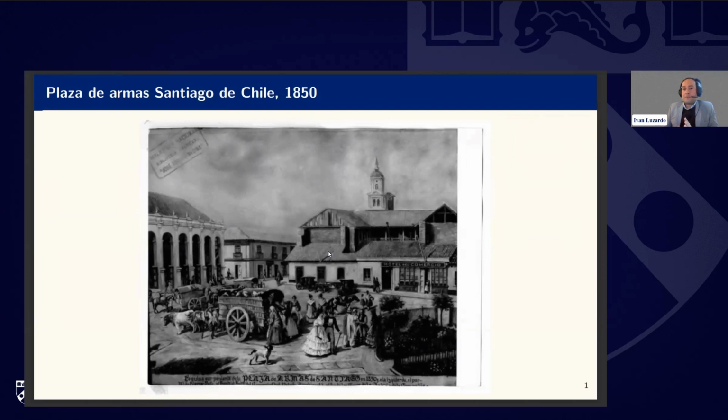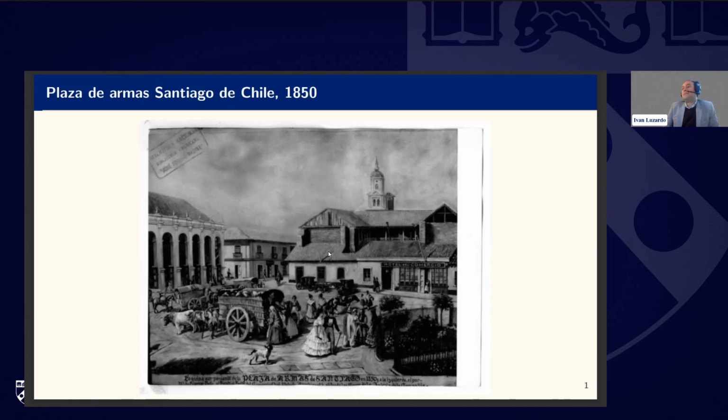So I would like to start bringing your attention to the next two slides where I show you two pictures from Santiago de Chile. This is the Santiago main square, Plaza de Armas, the oldest part of Santiago de Chile. We have this picture from the middle of the 19th century, so 1850, and we can see that Santiago de Chile is essentially a city proper from the colonial period.